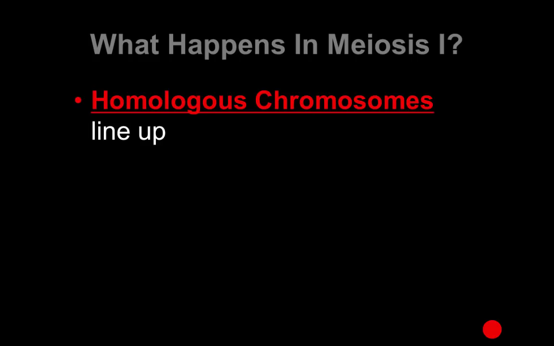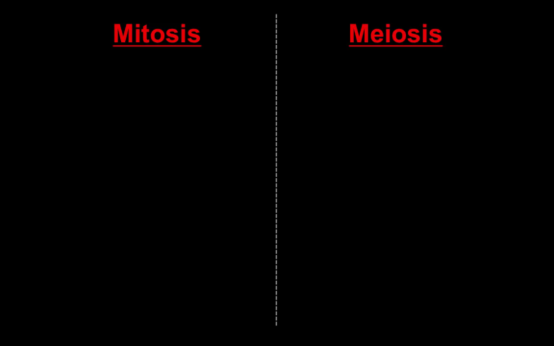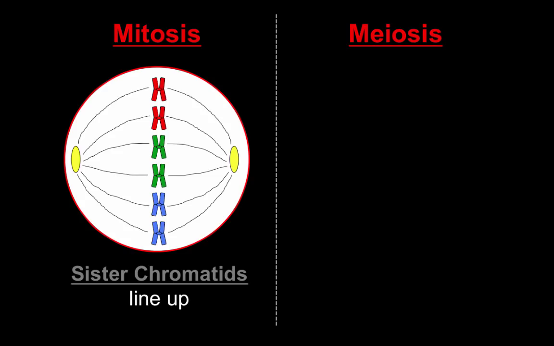Now let's look at meiosis I a little more closely. What's going to happen is homologous chromosomes are going to line up. And this is a big difference from mitosis. And because of that, I'm going to show you the two processes next to each other. So remember, in mitosis, they lined up vertically so that a sister chromatid could be pulled to one side of each cell.